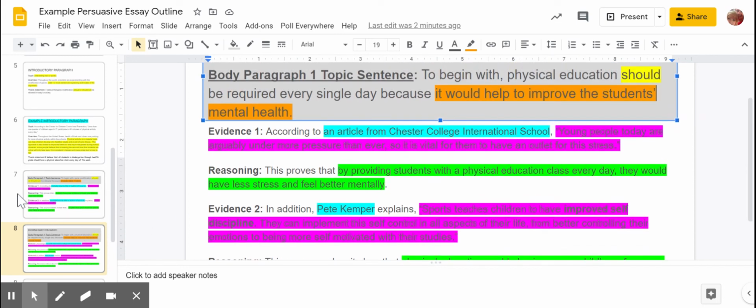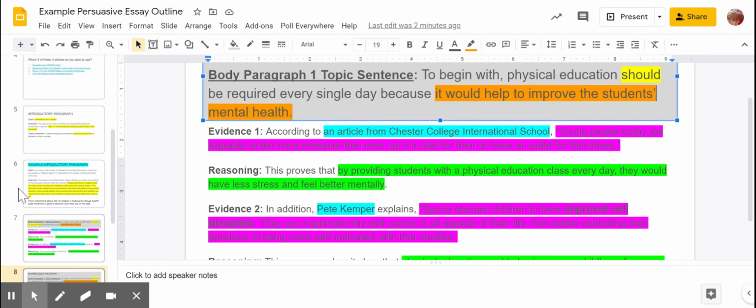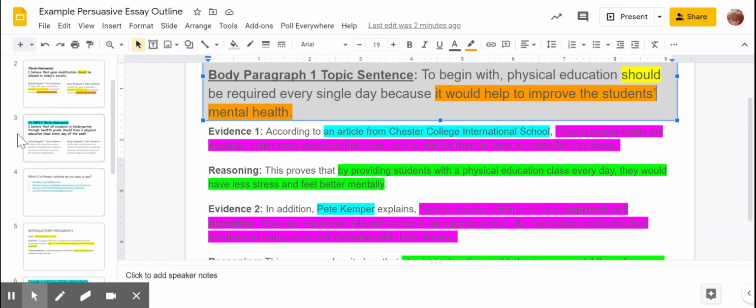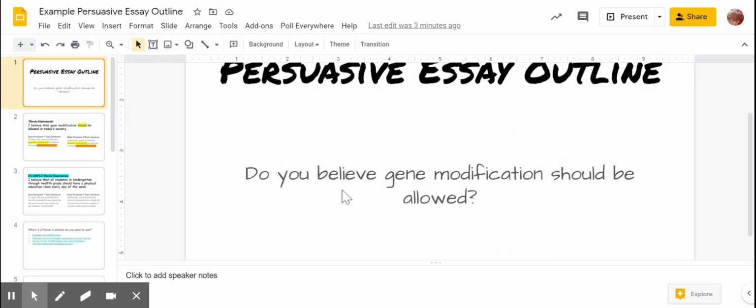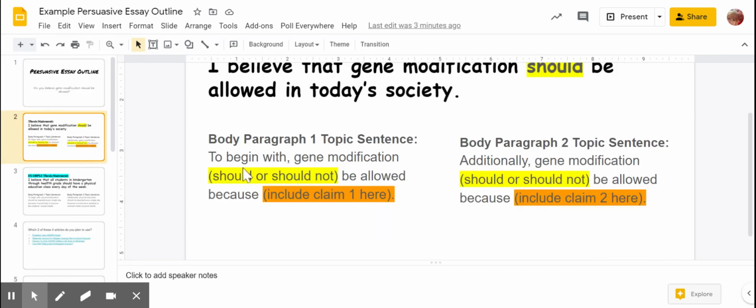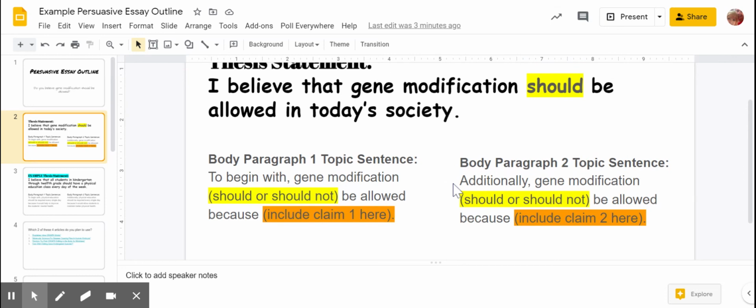So after you've finished your body paragraph 1, your introductory paragraph, and then you've also just set up your thesis statement and body paragraph 1 and 2 topic sentences on slide 2, you are done for today. Let me know if you have any questions or anything, or if there's anything that you're confused about.